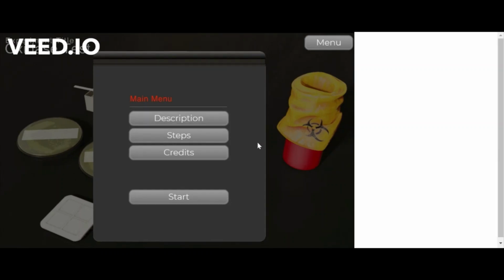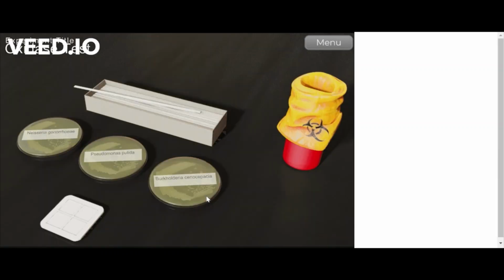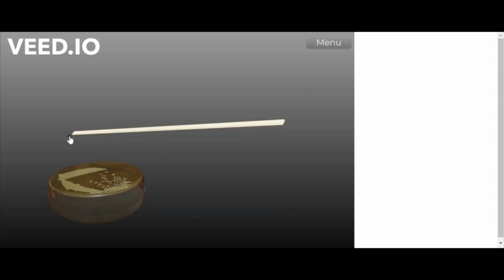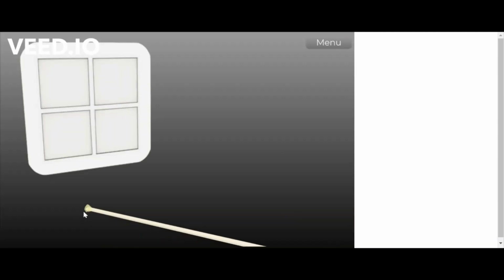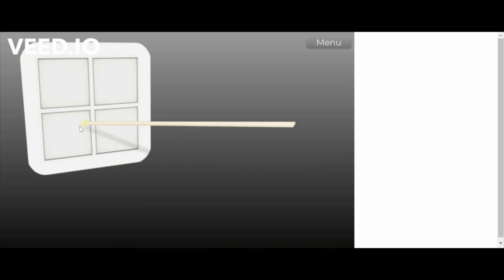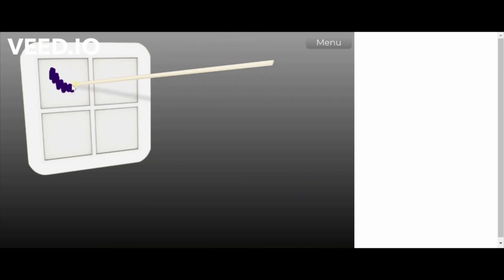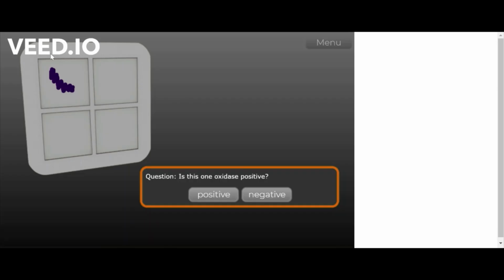So I will start off the simulation by picking an isolated colony using a sterilized toothpick. Next, I will rub this isolated colony onto the slide to observe if there are any color changes. So when the color changes to dark purple, it will be considered oxidase positive.